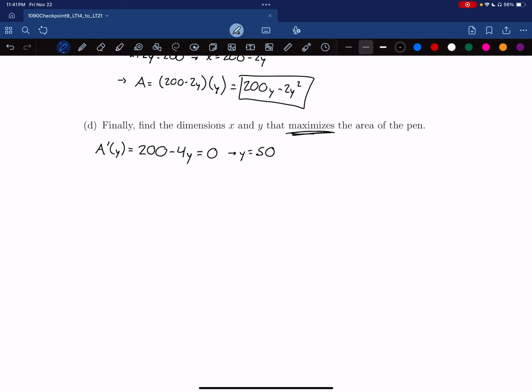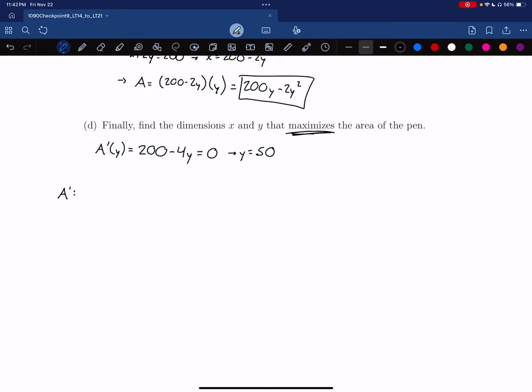Easy enough considering we only have one y that we've solved for. So if you did that right and got y equals 50, considering that's the only value that you've actually solved for, you could go ahead and just figure that that's your value. We know it's obviously not going to be 0. That's not possible, and there's no upper bound.